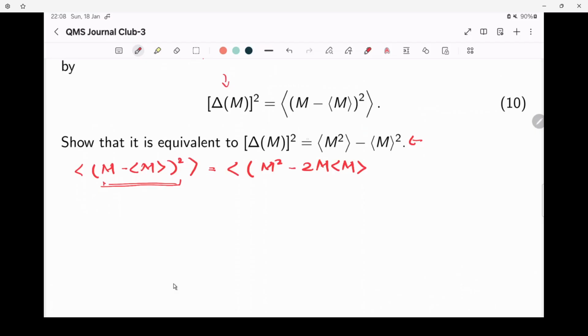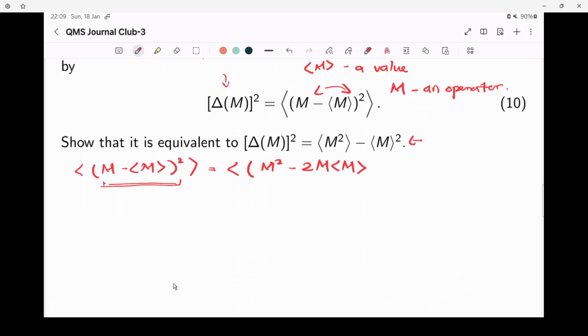So why do I not need to care about the multiplication between m and the expected value of m? Because this is a value and this is a matrix or operator. So when you multiply a value to an operator, it doesn't matter if you switch around the order.